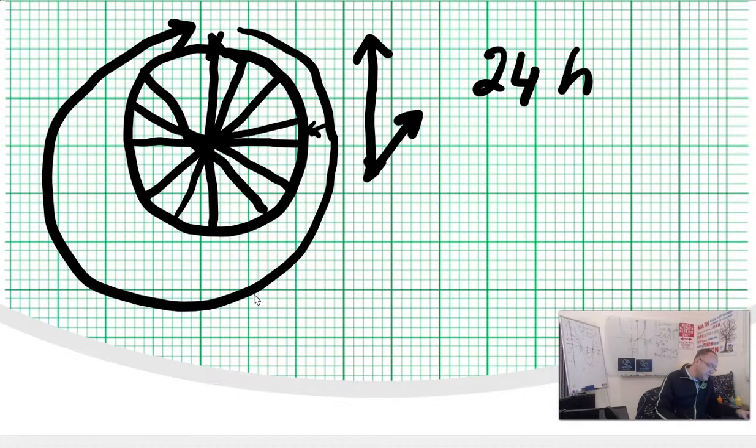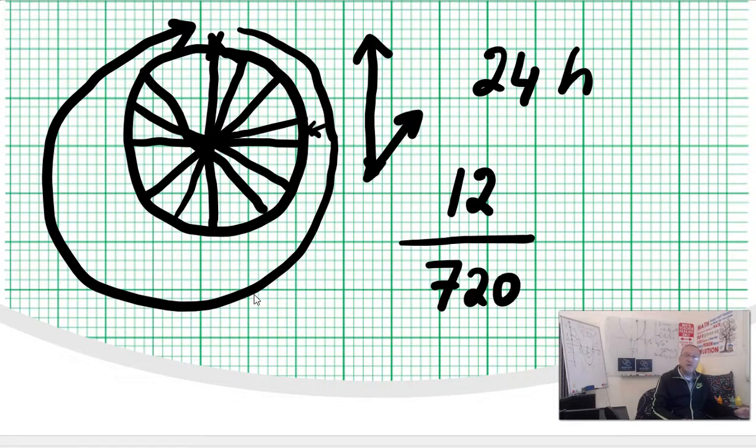So to complete the mission, those 12 compartments of the hour hand need to be swiped twice. So they need to complete what? If I have 12 compartments, or 12 sections on the clock, they need 720 amount of times.